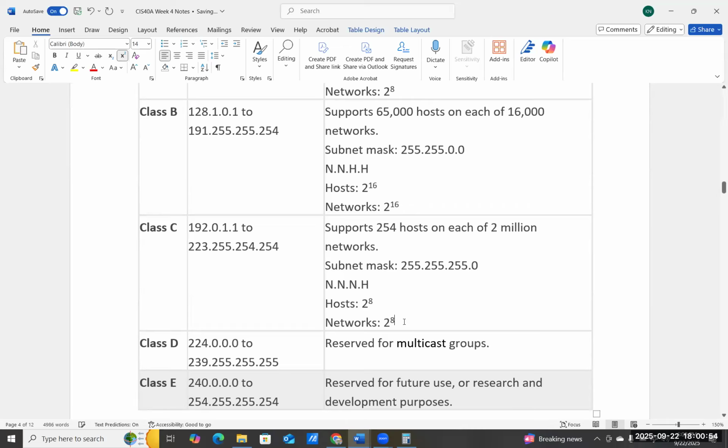Okay. And then, so you can have many of the little networks, right? But your host is going to be limited to just this many, the last octet.